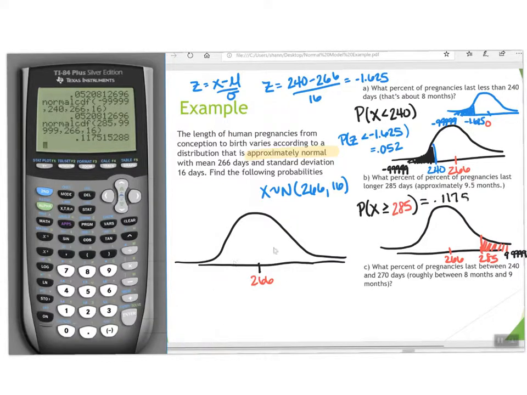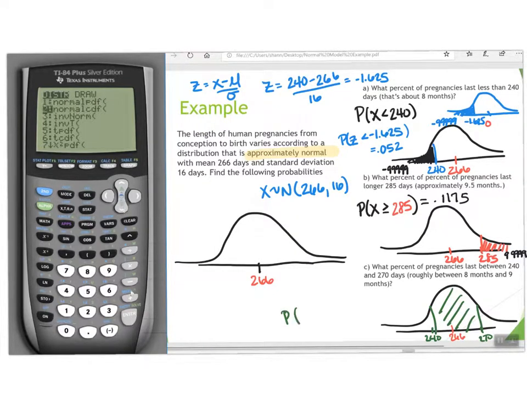Now, the last problem says, what percent of pregnancies last between 240 and 270 days, or between roughly 8 and 9 months? Draw a curve again. We're looking at 240 to the left of our mean, 266, and 270 to the right, and we're going to find the area in between those two values. In our calculator, second vars, normal CDF.